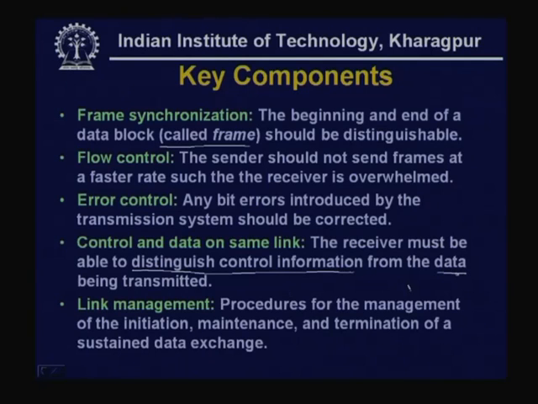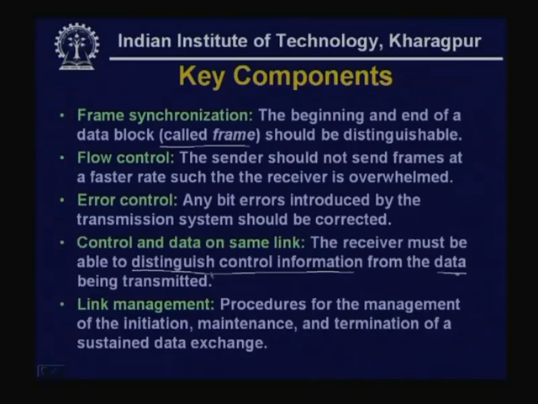So, you are sending control and data through the same link, and unless there is some kind of protocol, that means agreed upon rules and conventions, it is not possible to identify what is data and what is control information. So, that has to be established so that the receiver can identify what is control information and what is data being transmitted.